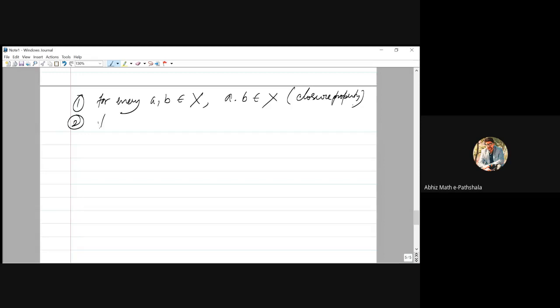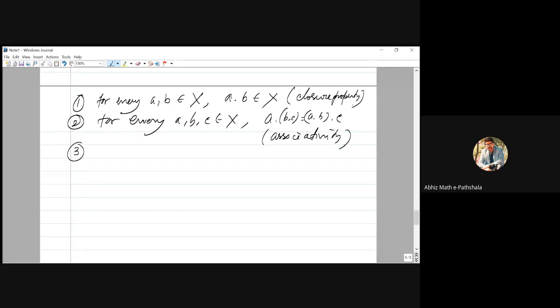Number 2 is for every a, b, c belongs to x, it satisfies the associativity, right? It is a semigroup. Associativity. Okay. Number 3, there exists an element e belongs to x such that e dot a equals a dot e equals a for all a belongs to x, and it is called the existence of identity.